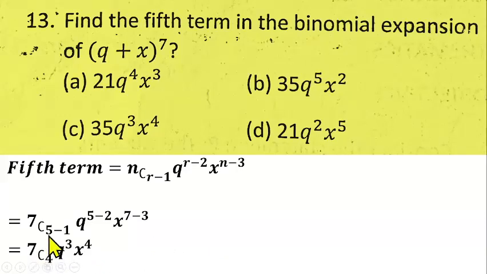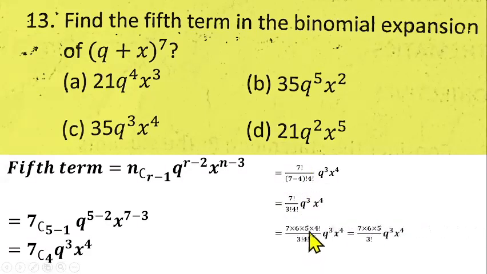Then you need to simplify this combination. You'll have 7 factorial over 7 minus 4 factorial, 4 factorial, times q raised to power 3 x raised to power 4. If you simplify this further, we'll have 7 factorial over 3 factorial 4 factorial. Then if you expand this, you'll have 7 times 6 times 5 times 4 factorial over 3 factorial 4 factorial.